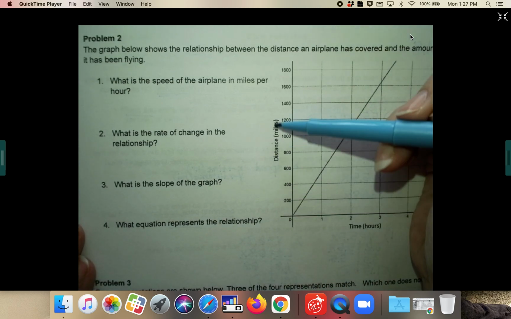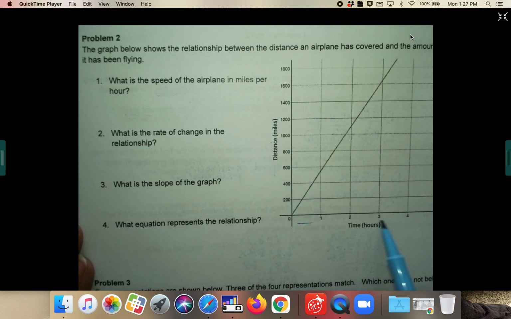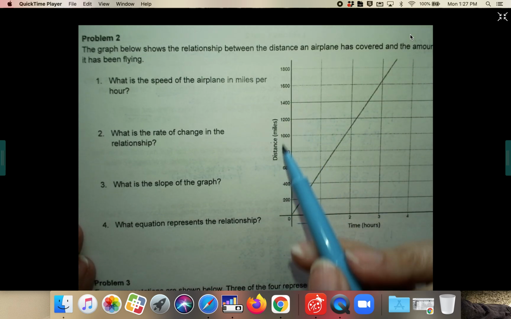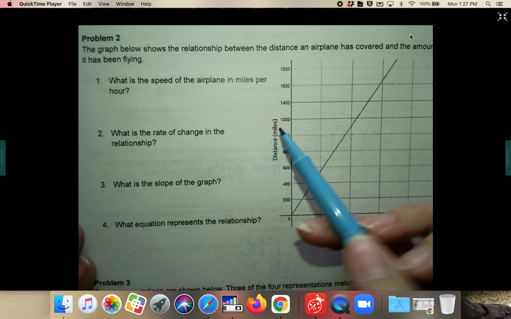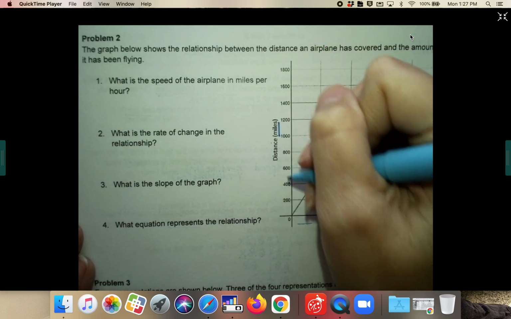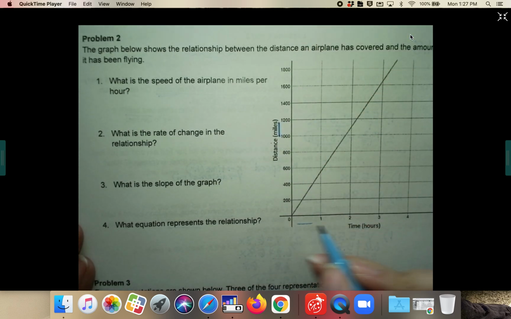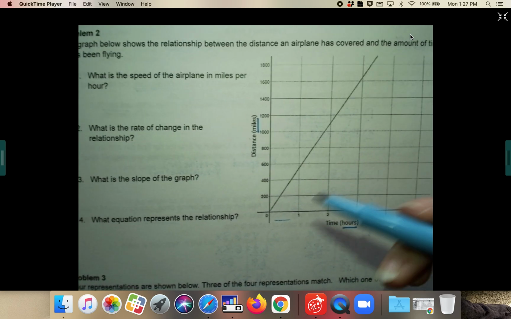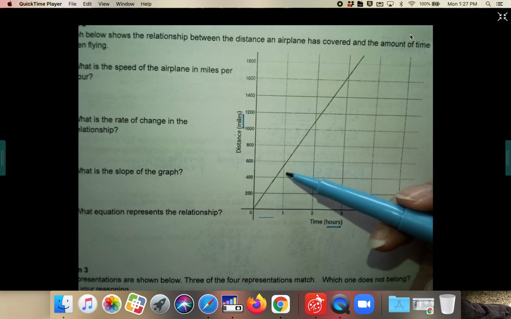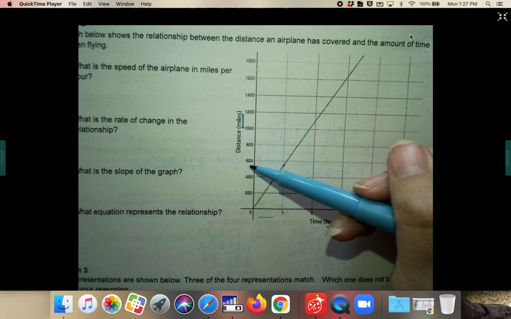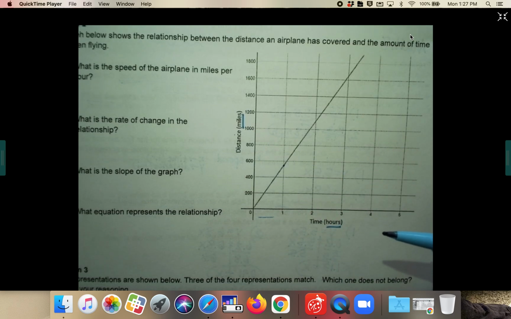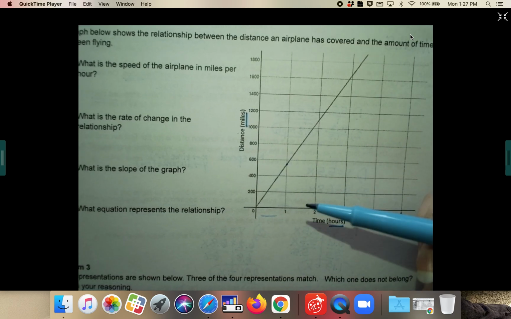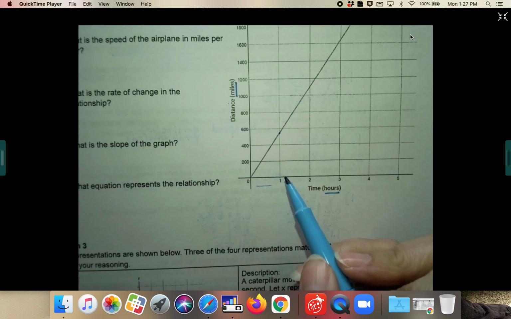So we need their miles per their hour. So we need their y over their x, because if you guys can see this, miles is up the y-axis. So miles first and then hours. So if we go to 1, that's going to be really hard to tell the exact number. So I am going to try my best, but I would say we're going to have to estimate.